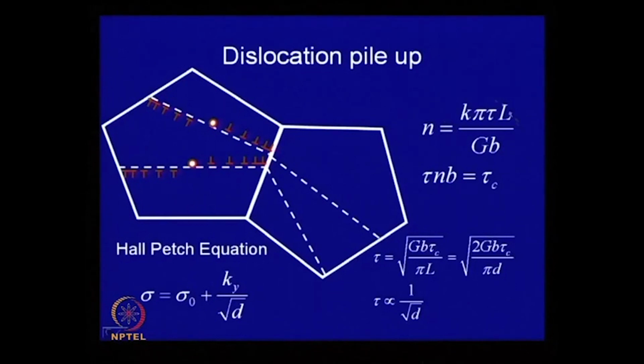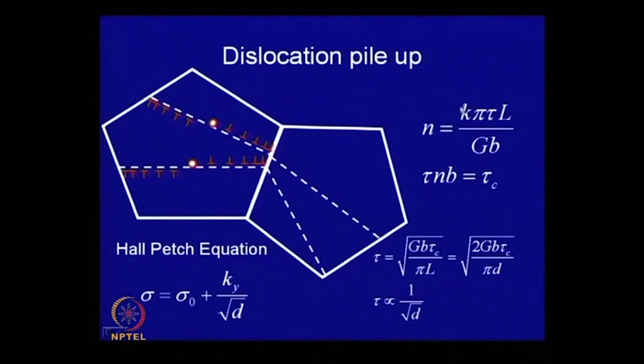It is possible to calculate that using the concepts which have already been explained, but we will not go into the detail of it. Look at this k. This is a factor which depends on the nature of the dislocation, whether it is a mixed dislocation, a perfect screw or a perfect edge.